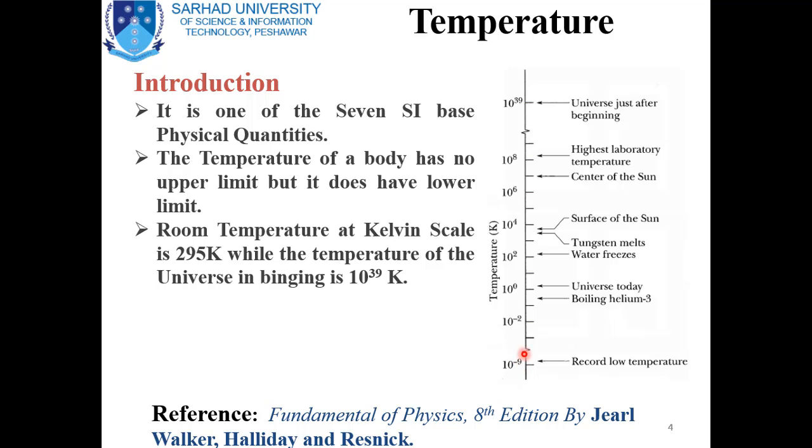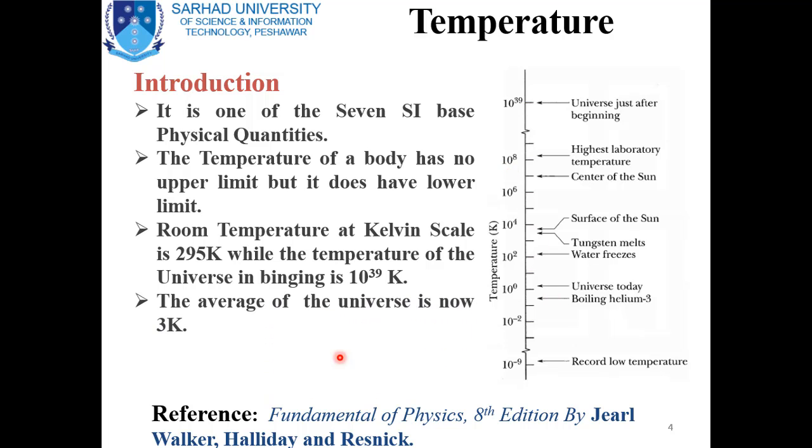And some other temperatures with which you are familiar: water freezes at about 10 power 2 Kelvin, and the temperature of the surface of the sun is between 10 power 3 and 10 power 4 Kelvin, while the highest temperature recorded in the laboratory is 10 power 8 Kelvin.